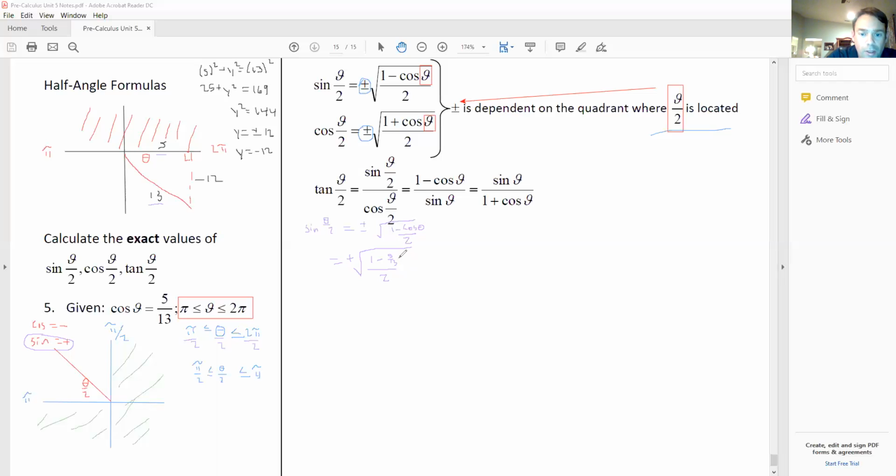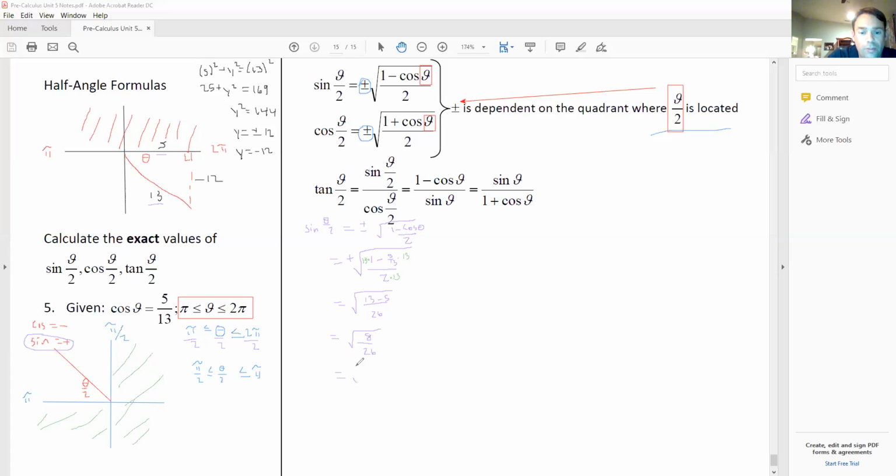So if I multiply everything by 13, I'm going to essentially multiply everything by 1. That ends up with the square root of 13 minus 5 over 26, which is the same thing as 8 over 26.